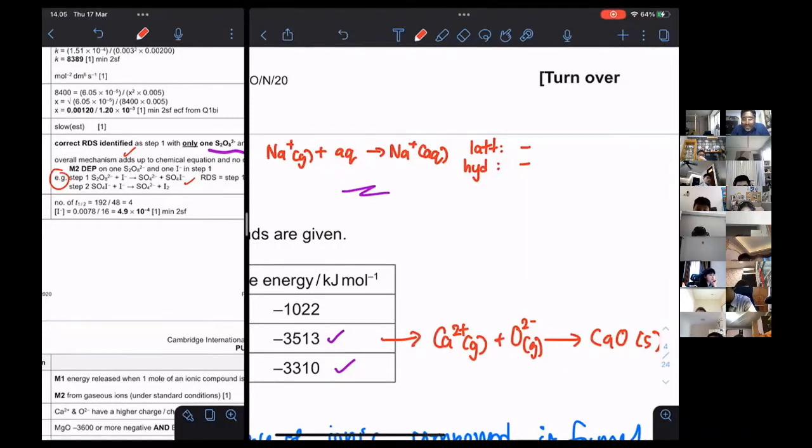Now, solution. Enthalpy of solution can be used to say whether something is soluble or not. Let's say this particular ionic compound is soluble. Giuliano, must the enthalpy of solution be positive or negative? Can be both, but let's say it's soluble, then it's negative or small positive.